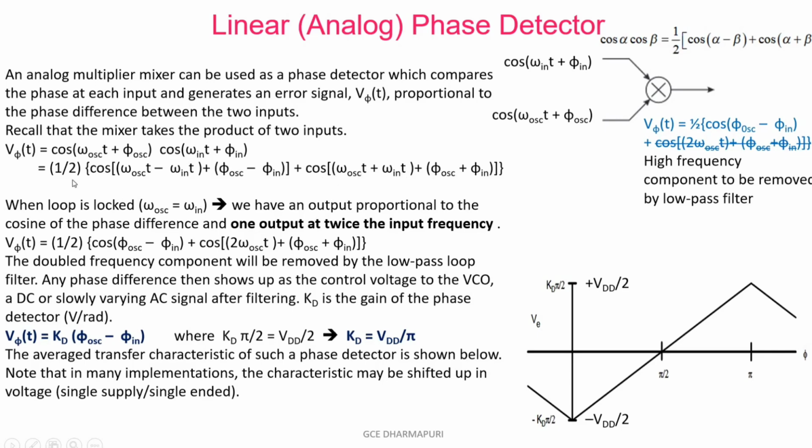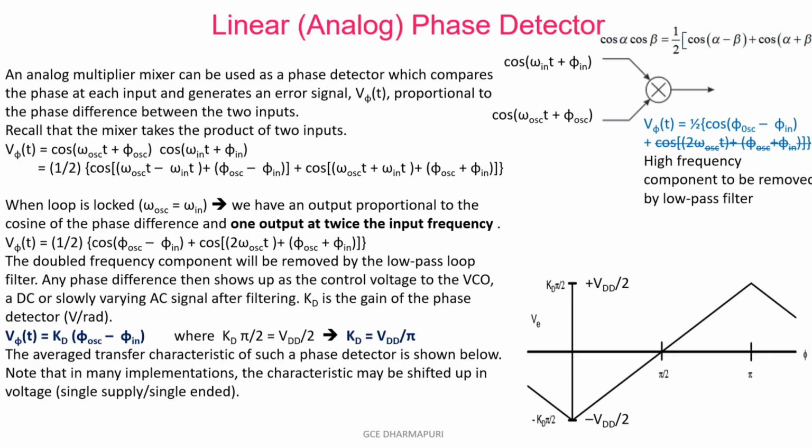So I will get 1 by 2 cos(phi oscillation minus phi in). So any phase difference then shows as a control voltage to the VCO, a DC or slow varying AC signal after filtering. So KD is the gain of the phase detector. So its unit is volt per radian.